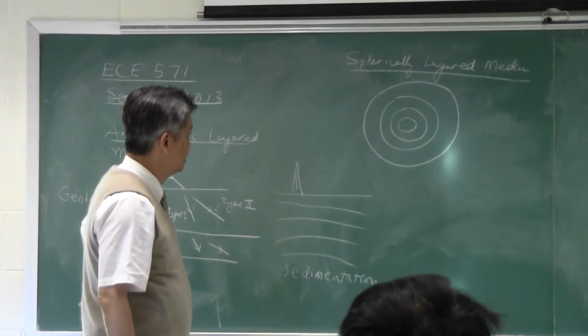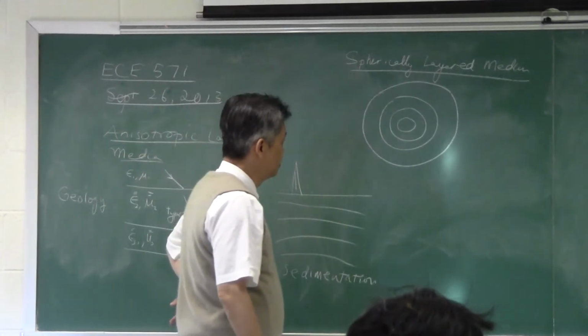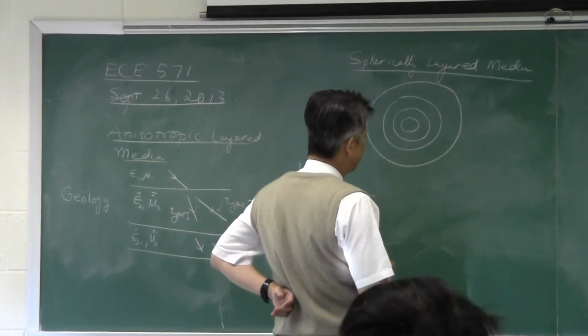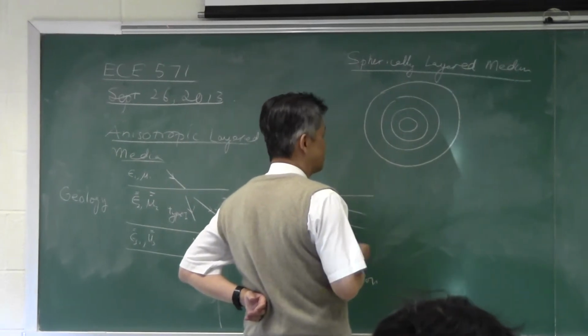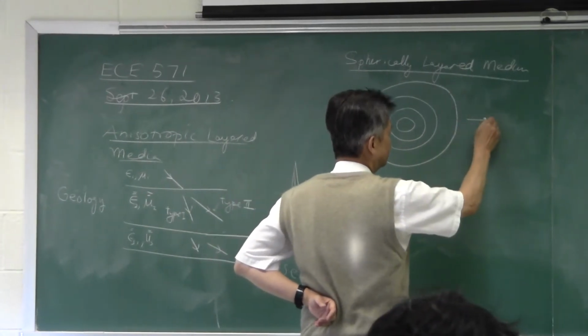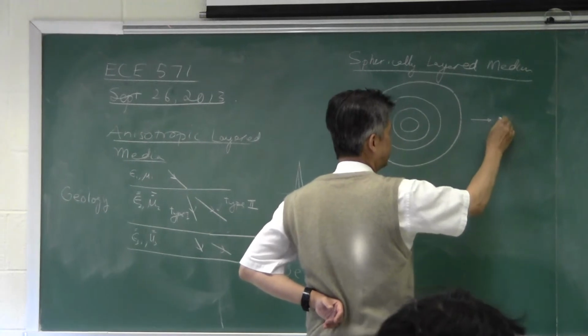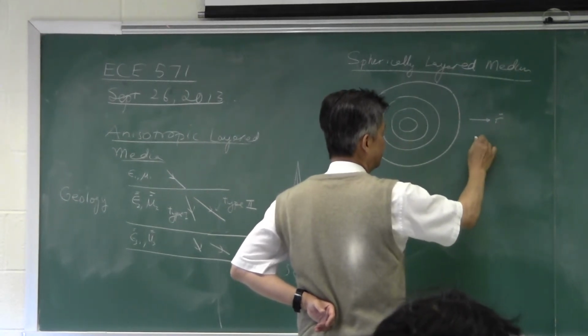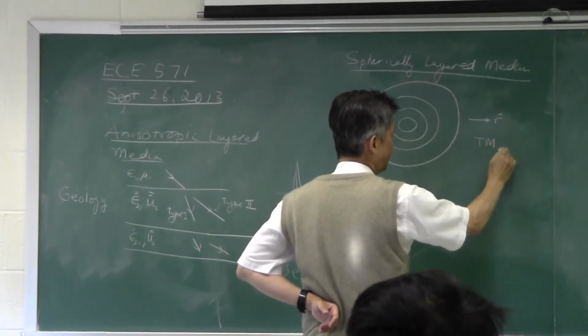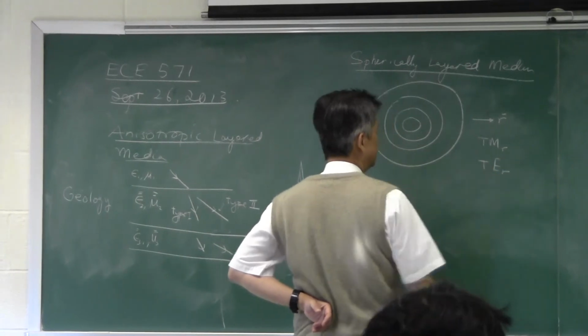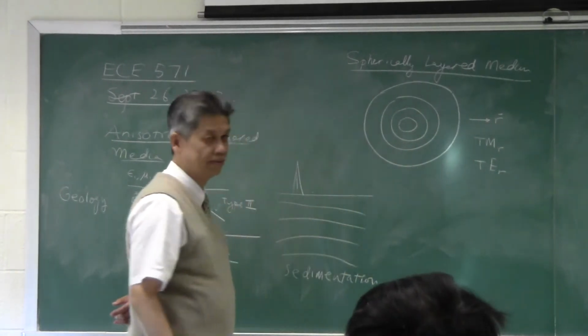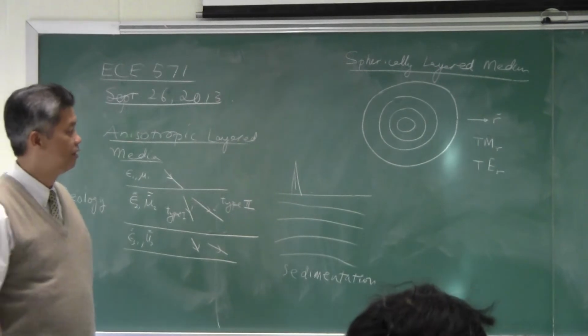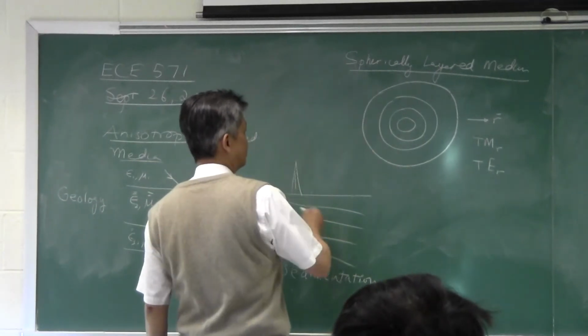Okay? And in order to solve this problem, it turns out that very strangely, if this is R direction, you can divide the wave into TM to R and TE to R. You can actually decompose the wave into TE and TM type as well for isotropic layered medium.